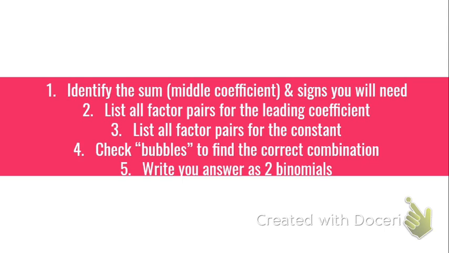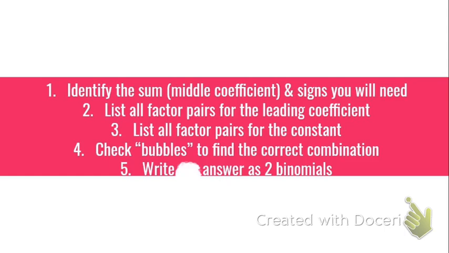We're going to list all factor pairs for the leading coefficient, list all factor pairs for the constant. We will check our bubbles to find the correct combination that will give us that sum that we're looking for from step 1. Finally, we'll write the answer. That should say write your answer. I'll edit that. Write your answer as 2 binomials.